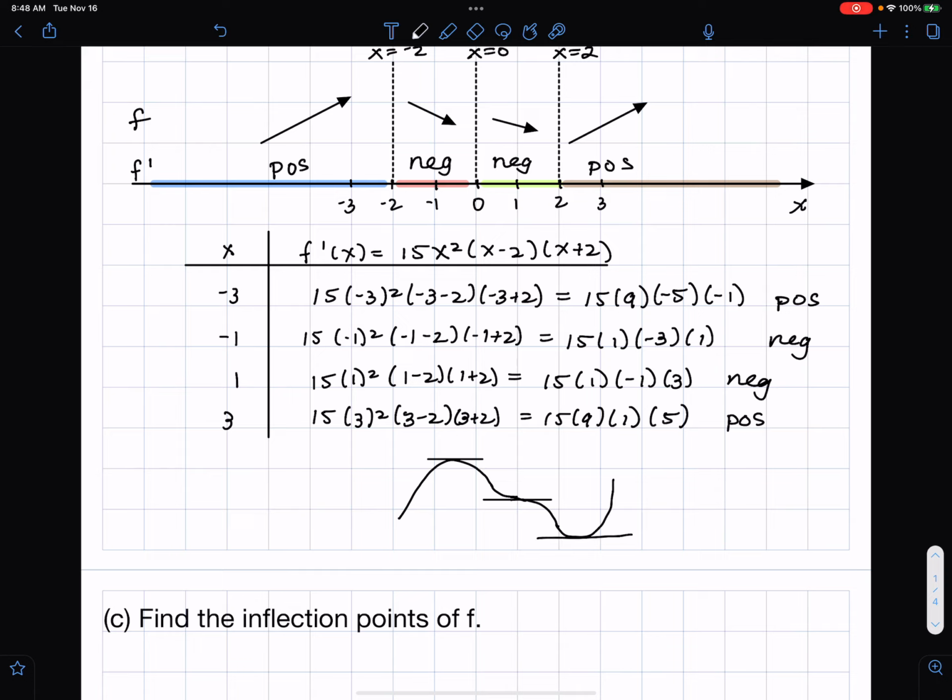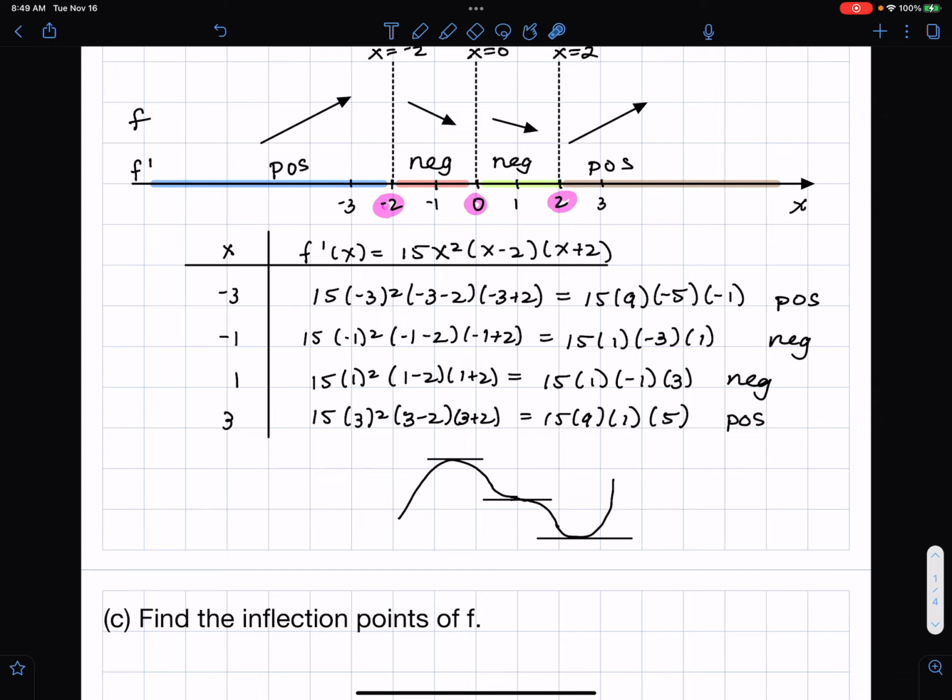So we have these 3 critical points, negative 2, 0, and 2. What we're seeing is that the graph goes up and then down because I see positive, negative, and then it goes down and down again, but there's an instant where the tangent line is horizontal, and then it comes back up.